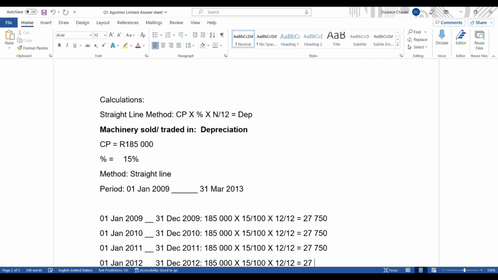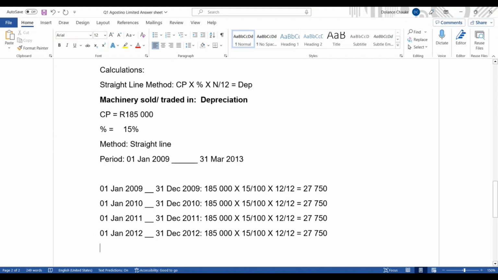Even the depreciation is still going to be the same for that year. Are you still with me, guys? Yeah, I'm still around. Okay.